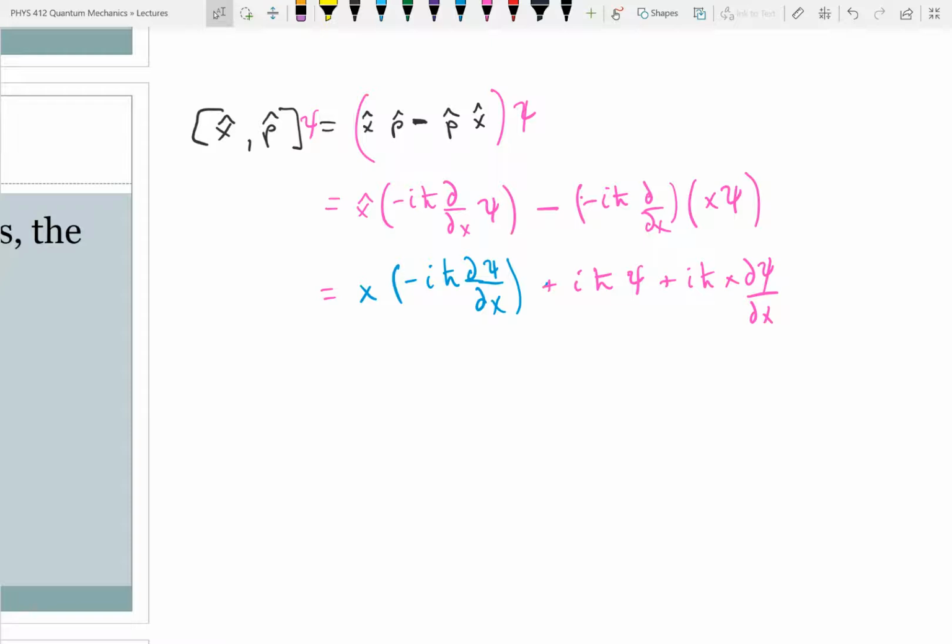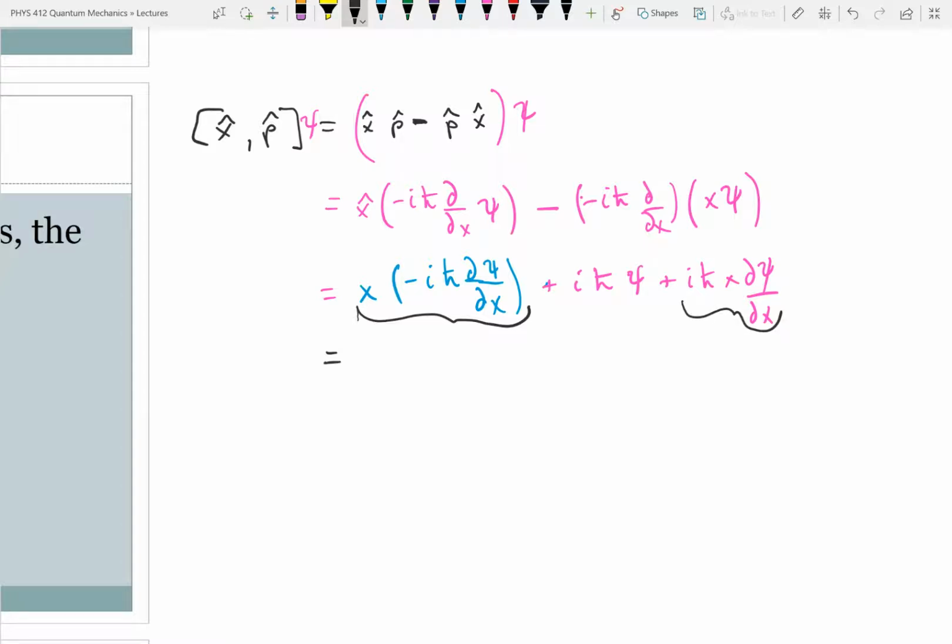Now, do you see something fun? What's this going to simplify down to? It's just i h bar psi.